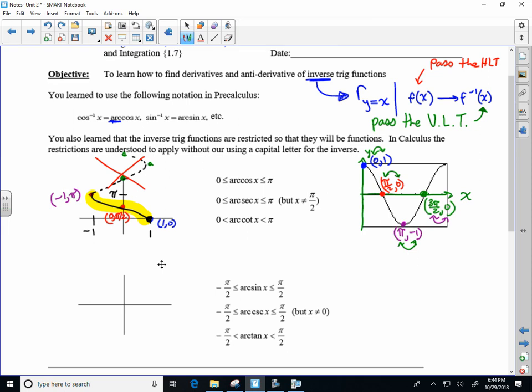That is the graph of y equals, I could write it as cosine with a little power of negative 1 of x, which is the same as arc cosine of x. All right? And it also gives us a sense of where these inequalities are coming from.